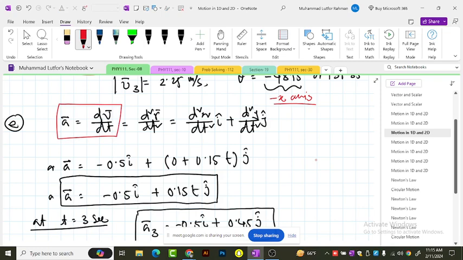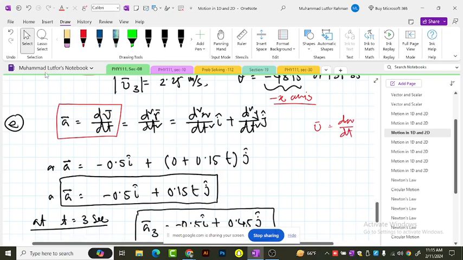Do you remember when I was talking about velocity, actually dx over dt, sorry, not dx, I should write in the general format of the position function, which is r. It should be dr over dt. This is the velocity. So if you take that, acceleration is obviously going to be dv over dt.